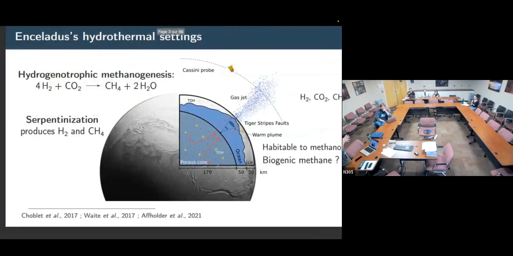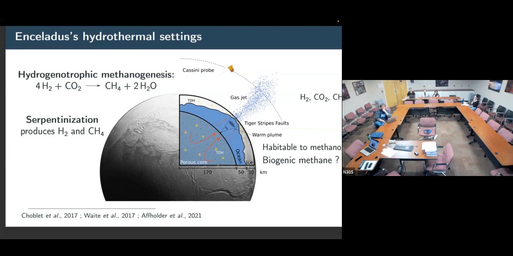Again, I will start with the example of Enceladus, which was the main object that I've studied during my PhD and for which we have publications that are out there.